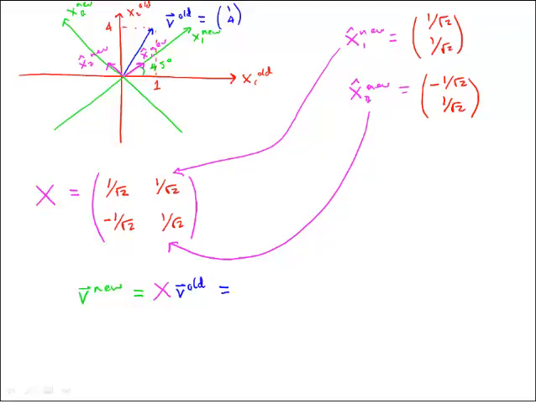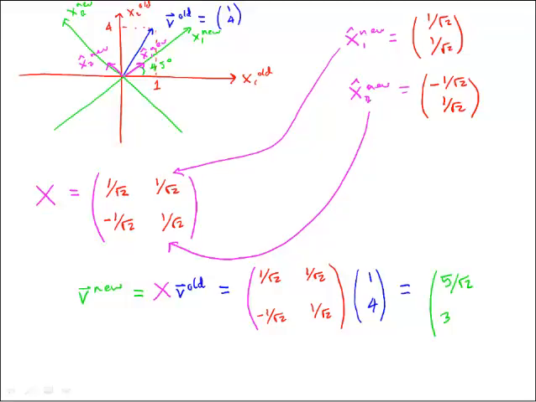So this equals 1 over root 2, 1 over root 2, minus 1 over root 2, 1 over root 2, times 1, 4. So now doing this matrix multiplication gives us 1 over square root of 2 plus 4 over square root of 2 in the top. So that's 5 over square root of 2. And minus 1 over square root of 2 plus 4 over square root of 2 in the bottom. So that's 3 over square root of 2.